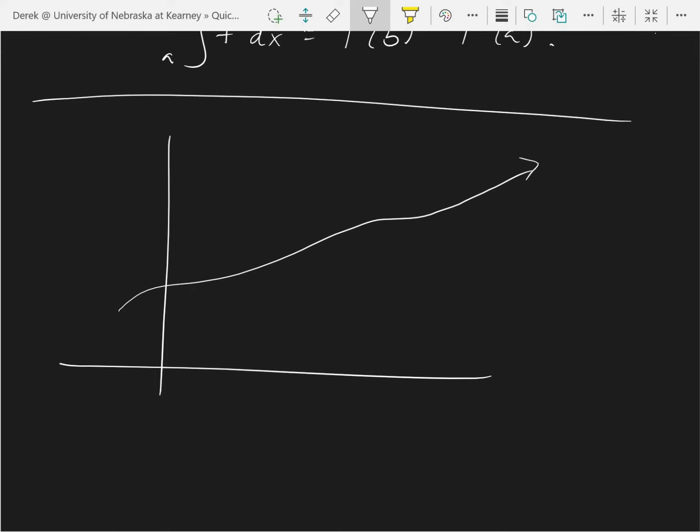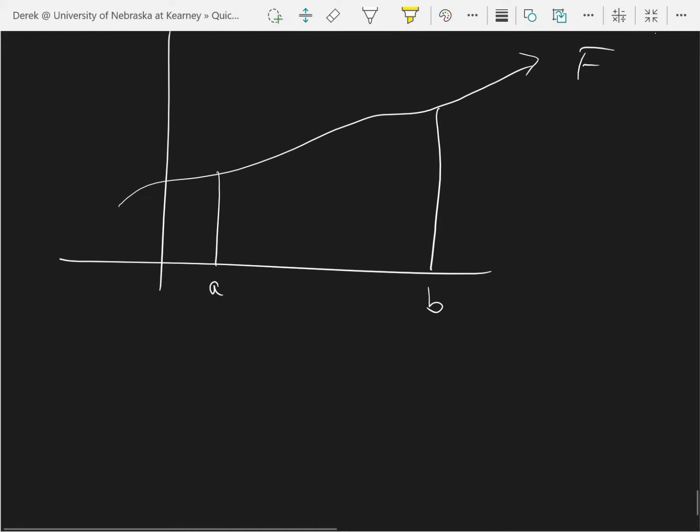We'll have it like this, and this is going to be capital F. At A and here's at B, I want to tie to this a function where the derivative, this is increasing, so my derivative is going to be positive.